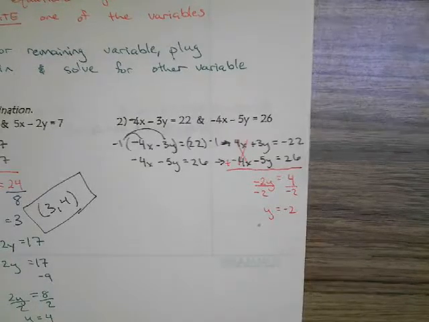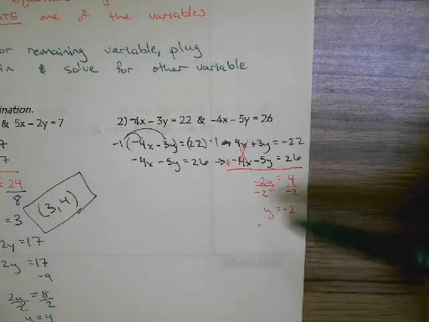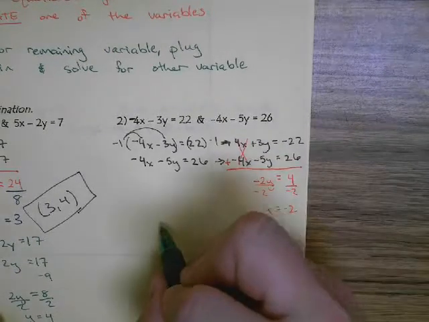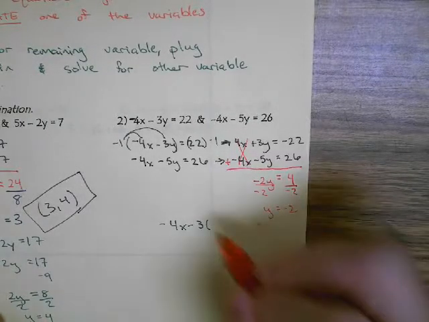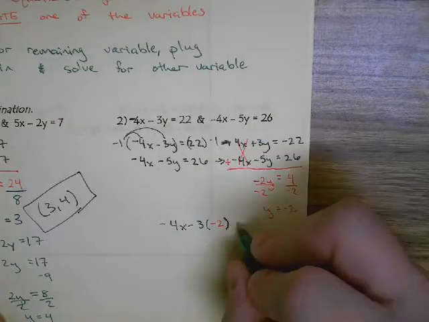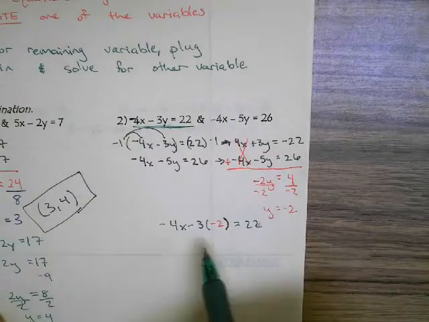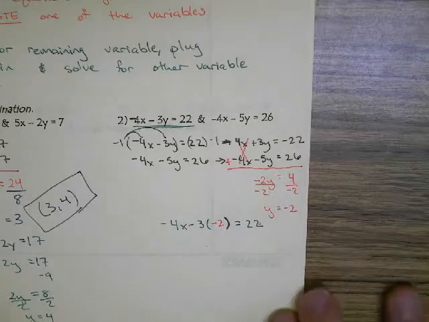Now we just plug back in and solve for the other variable. I'm going to plug into my first equation, so we have negative 4x minus 3 times negative 2, plugging in my negative 2 for y, is equal to 22. All I did is grab that first equation, plug in my y, and solve for x.